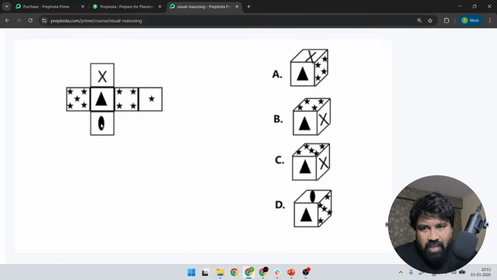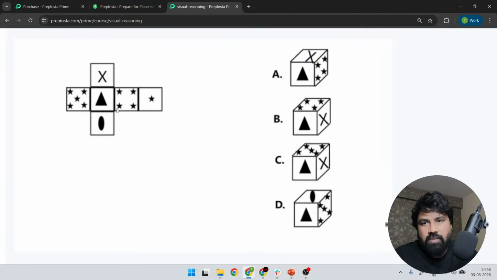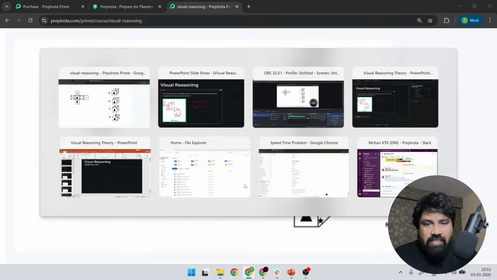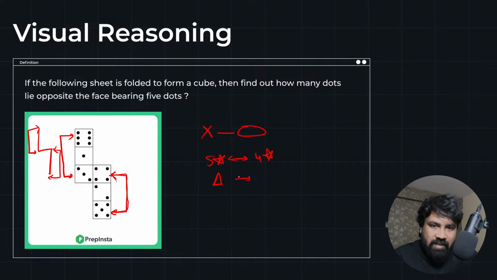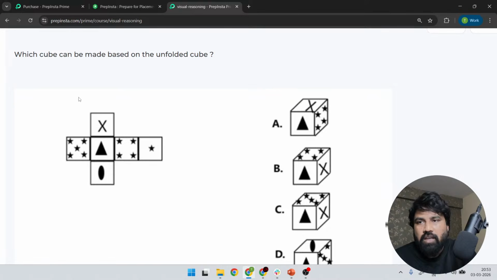So here x and circle are opposite. And 5 star and 4 star are opposite. And triangle and single star are opposite. And what is the question they asked? See carefully. Which cube can be made based on the unfolded cube?